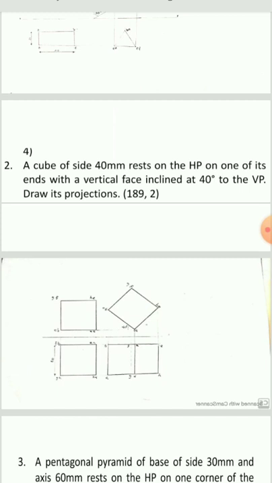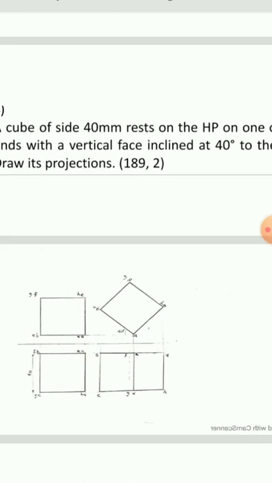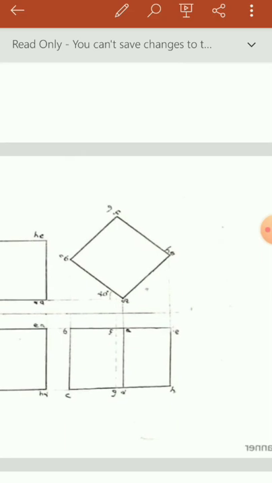From the top we can see only a square, and from the front view you can see only the square ABCD, and the remaining EFGH will be hidden. They gave the side as 40 mm, and that the vertical face is inclined 40 degrees to VP. If we tilt it 40 degrees to VP, then we can see this. It's tilted 40 degrees to VP.